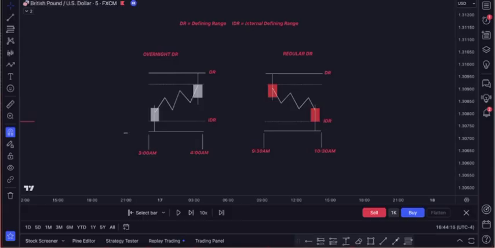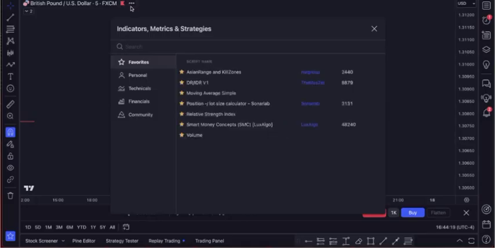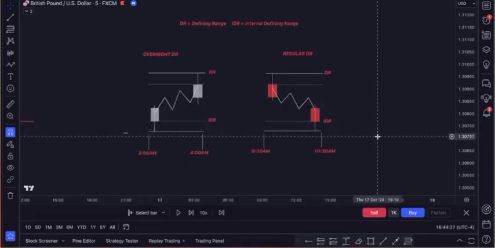The first thing I need you all to do, head over to indicators, and search DR/IDR version 1. This indicator is very necessary. You need it as this indicator marks out very important ranges in each session that we use to dictate our bias for that session.